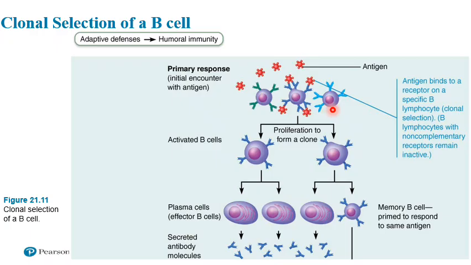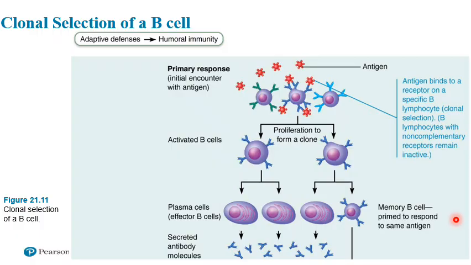B cells are activated when antigens bind to surface receptors by cross-linking them, which then triggers receptor-mediated endocytosis of the cross-linked antigen receptor complexes. You call this clonal selection, and they lead to proliferation and differentiation of B cells into the effector B cells.